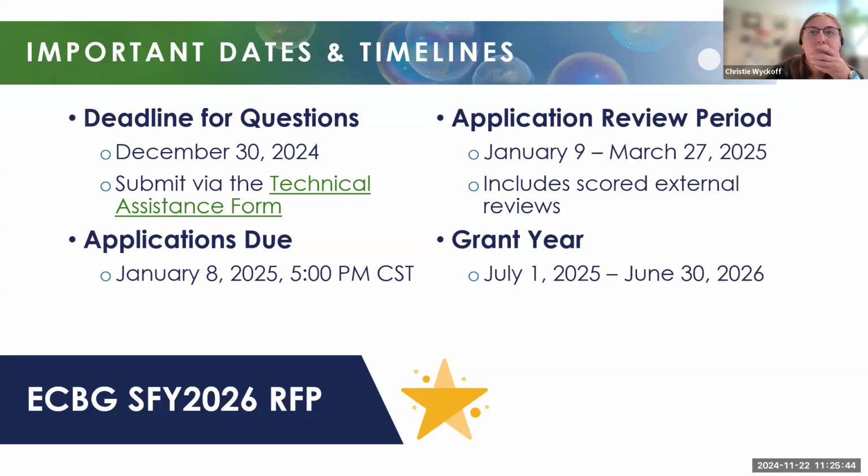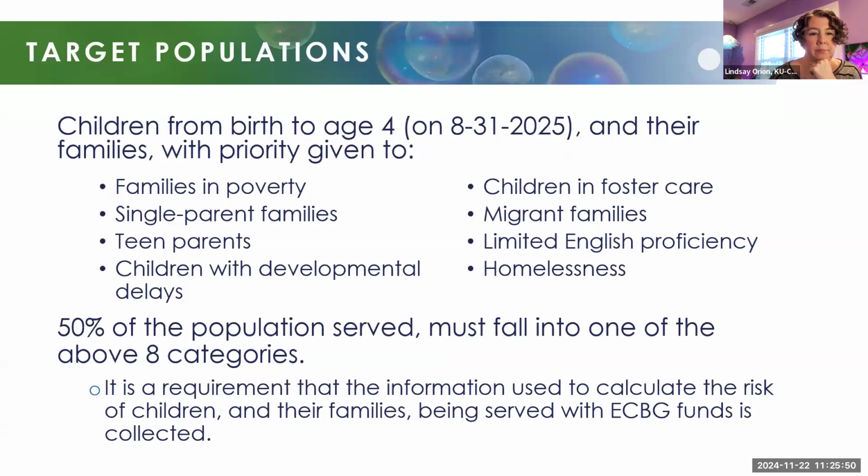Hey, Christy, I've got a question in the chat. Does the target population still include no insurance for child or caregiver? I don't believe that ever was. Maybe I'm wrong. It's just child. Okay, thank you.